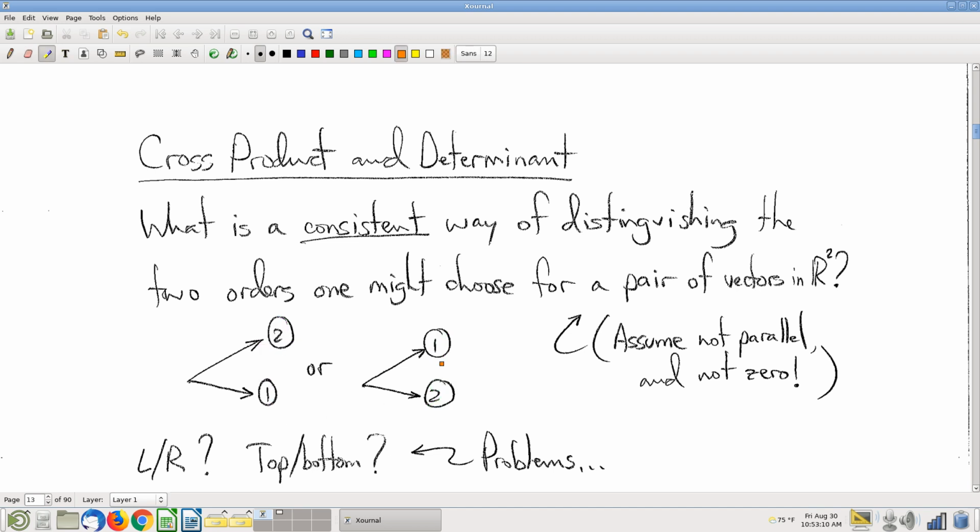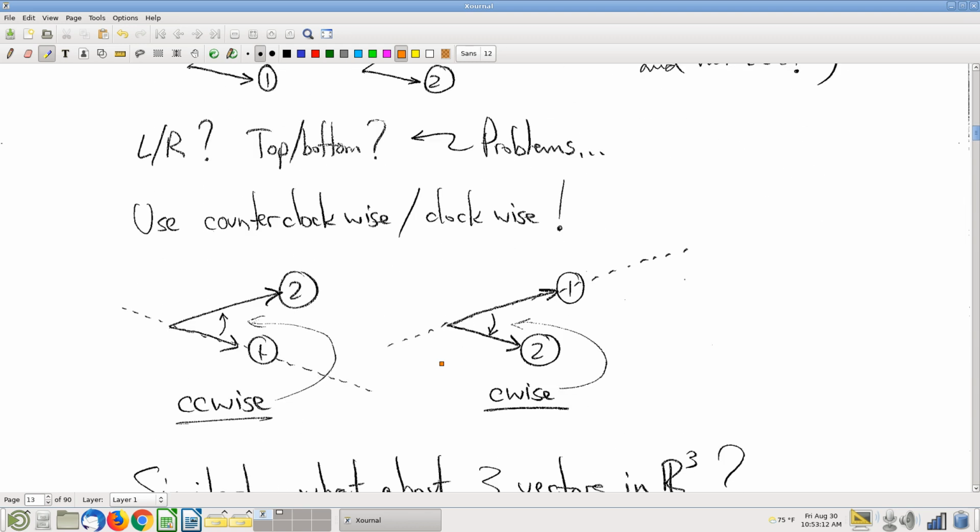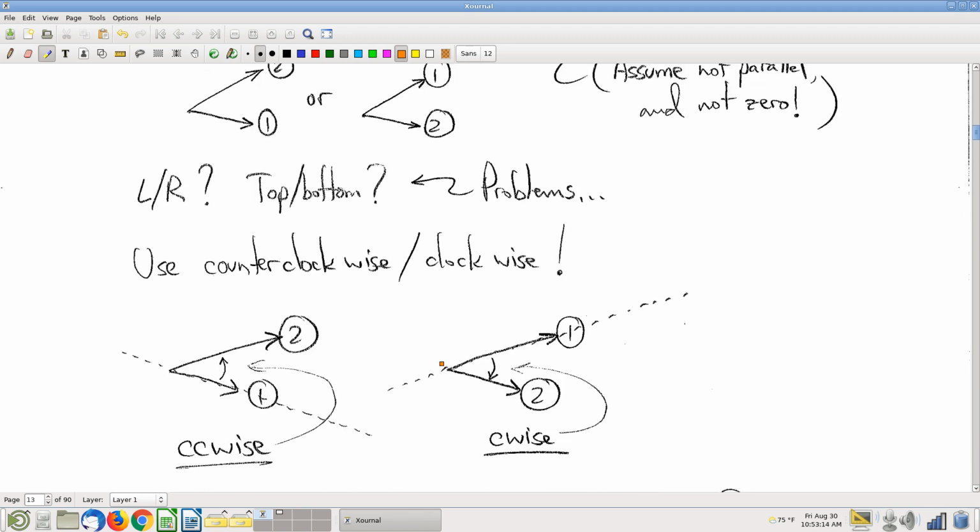So here's what I think is a really good answer, and it's clockwise, counterclockwise. Whichever vector you put first, whichever one is 1, let that define a direction, and then which way gets you to the direction of the second vector most immediately.